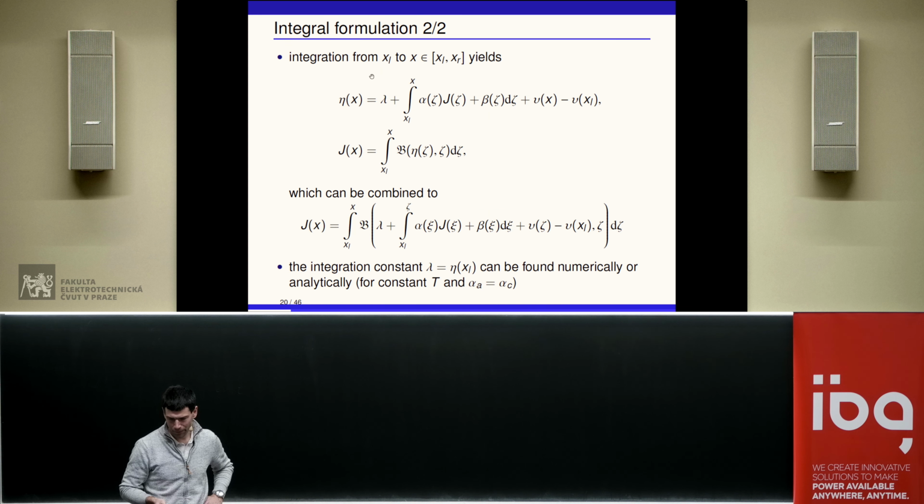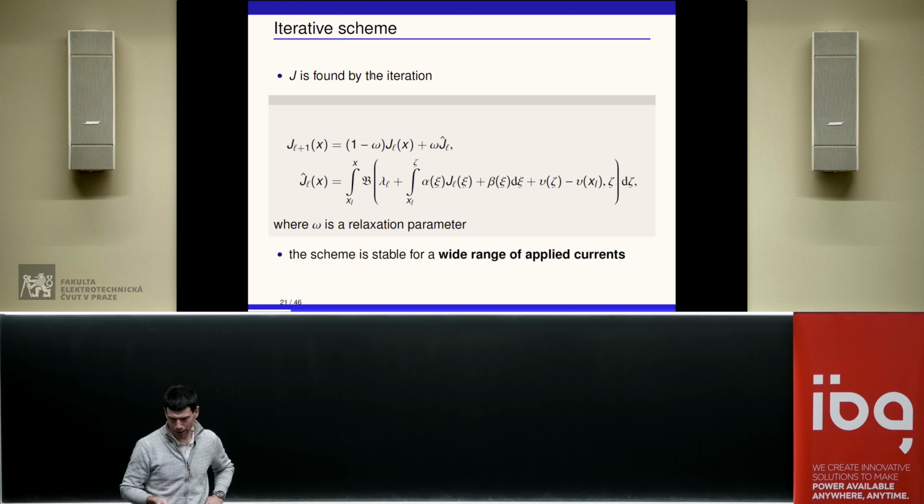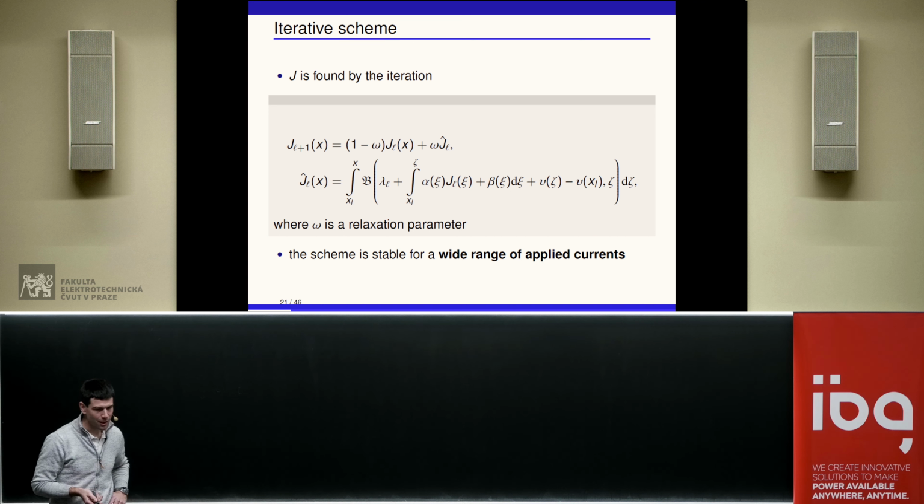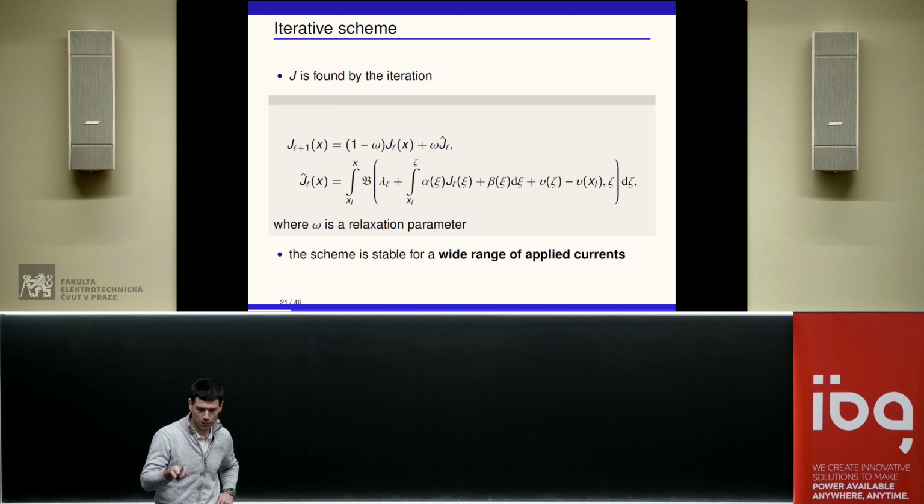And finally, we find this J by an iterative procedure with the relaxation parameter omega, which was found to be very stable, even for very high currents, which are intrinsic for these HEV applications.